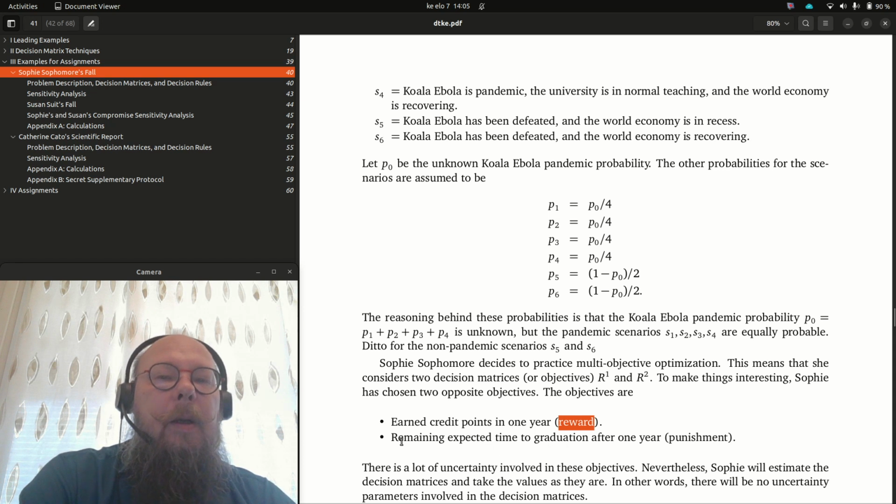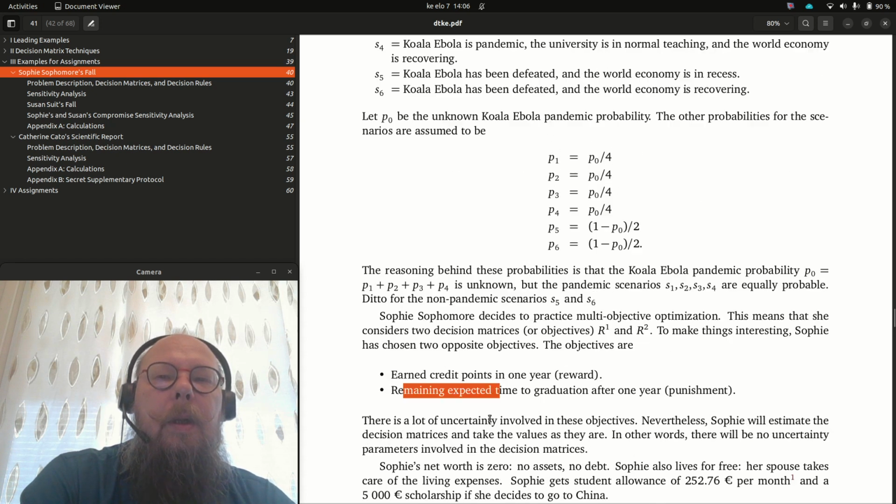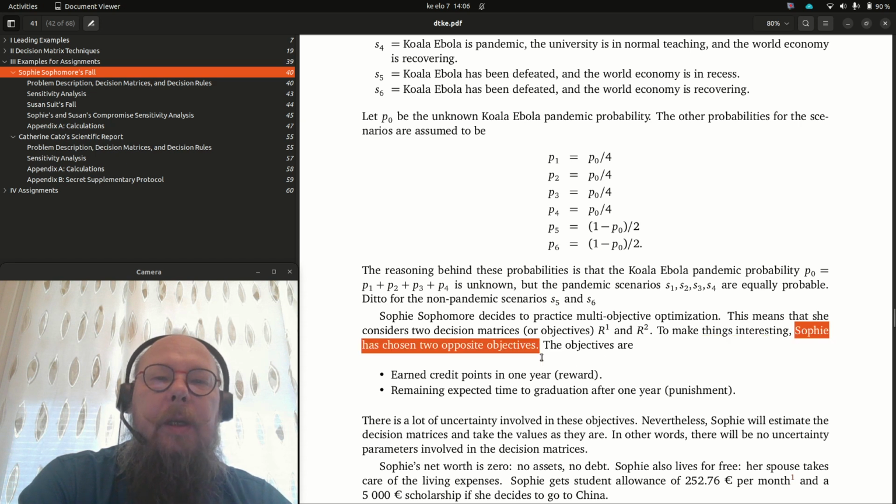And then remaining expected time. Sorry, these are not, maybe I have made a mistake here. So these are not opposite objectives. So let's see how this goes. Sorry about that. Maybe you should strike this one.